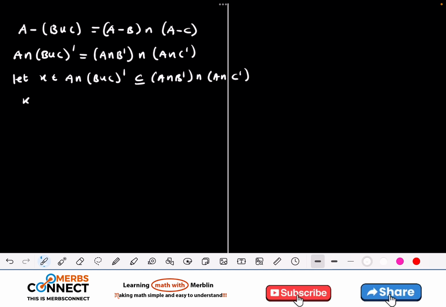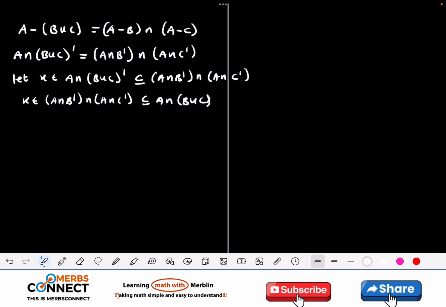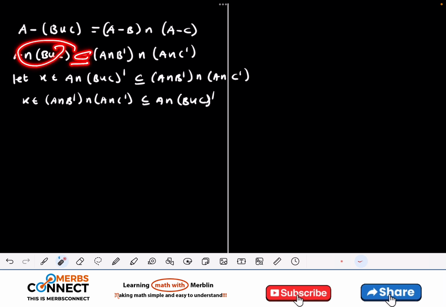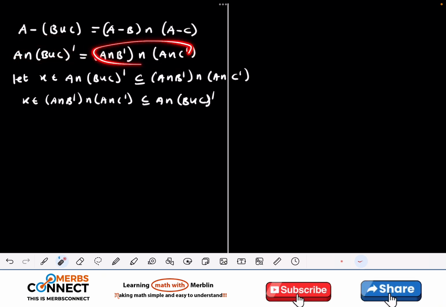And then the next thing is X belongs to A intersect B complement, intersect A intersect C complement, and A intersect (B union C) complement. So the idea is that we pick this, then we say it all belongs to this, then we pick this one too, then we say it all belongs to this. So that's what we've done here.